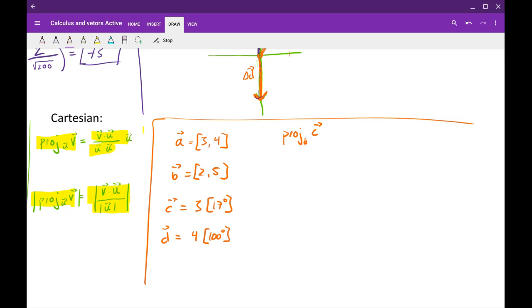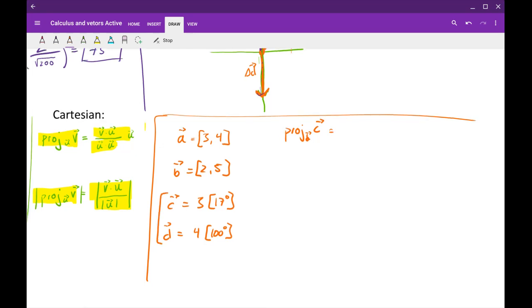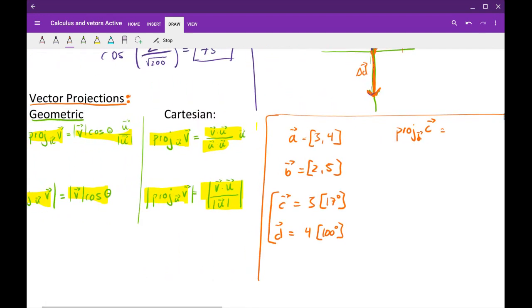Well, I want to project C onto D, and my vectors are in geometric form, so I'm going to use this formula over here. I'm going to place my C vector where my V vector is.